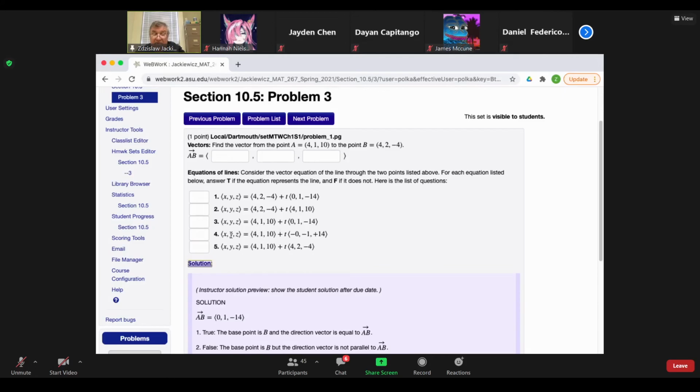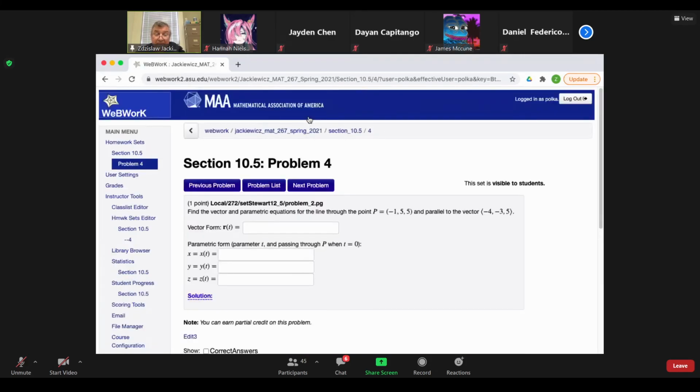And similarly, you can argue for those others. Find the vector and parametric equation of the line through the points. So again, typical. The direction vector is here, and the point is here.